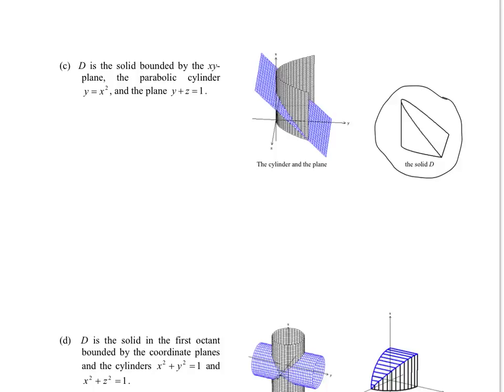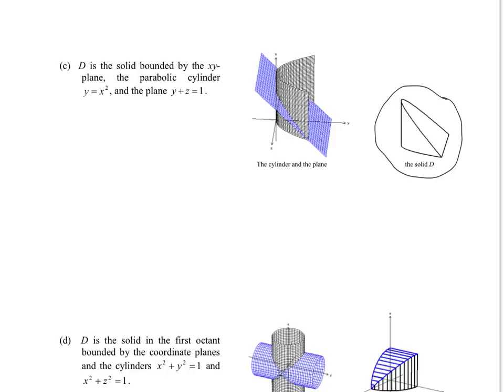Okay, in 2 dimensions, y equals x squared describes a parabola. In 3 dimensions, the equation y equals x squared describes a parabola that is free to climb in the z direction. It opens in the y direction and has its vertex along the z-axis, as you can see.